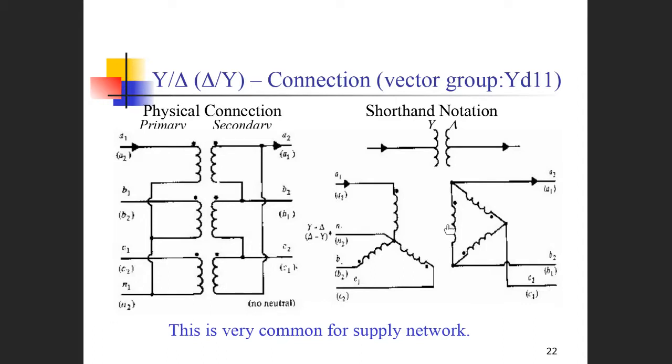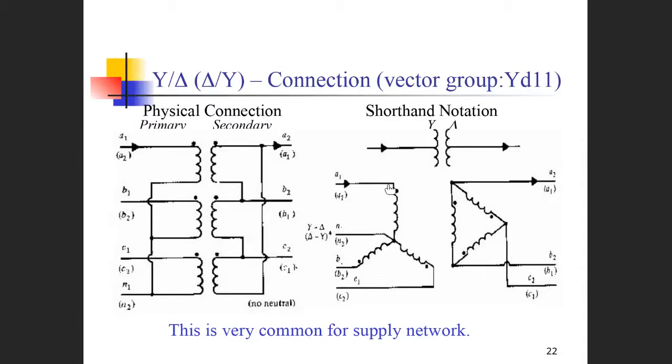Okay, so the line voltage for A1 to B1 and here the voltage from A2 to B2 will not be in phase, right? They will be different. Because A1 to B1 is the line voltage between A and B. But here, the voltage between A2 and B2 is the per delta phase voltage.